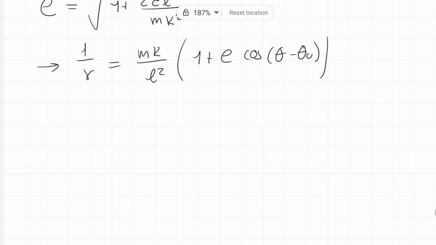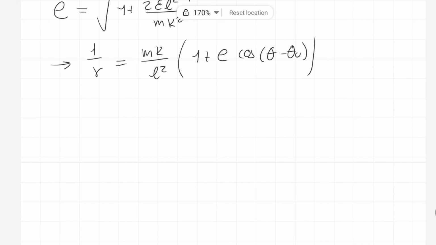Now, if you have studied a little bit regarding conic sections, you need to know that if you know the eccentricity, you can have three cases. One is when e is equal to 1, in this case, you will have a parabola, okay? If the eccentricity is equal to 1, then the conic section is a parabola.